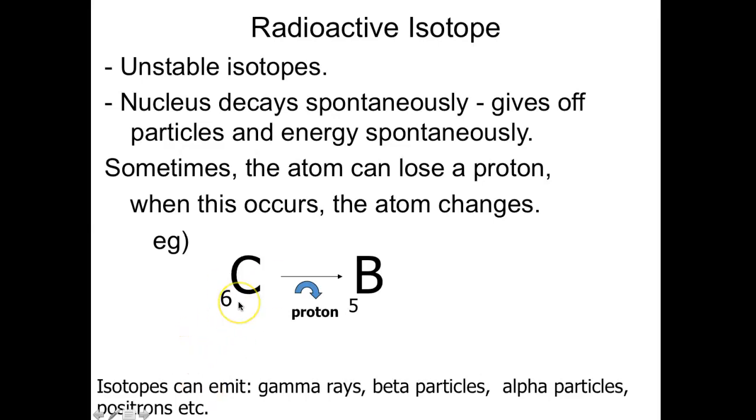So if your nucleus is unstable and has a little bit extra energy, you just emit that energy out until you reach a lower energy state. So when you have radioactive isotopes, these are isotopes that are unstable. They're constantly emitting energy. And these energy forms can be gamma rays, or beta particles, or alpha particles, or positrons. You don't need to know what these are, but just know that they are constantly emitting some kind of energy.